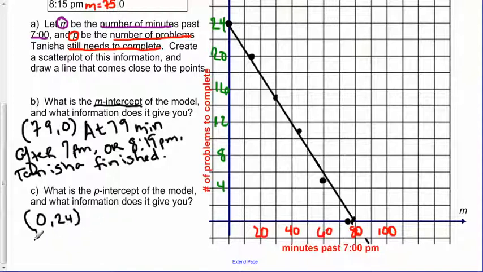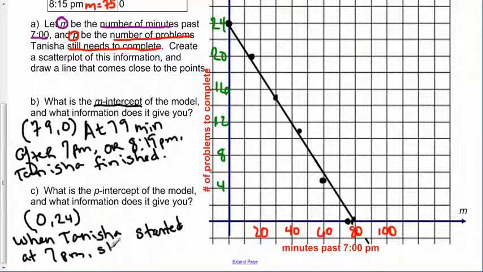What information does that give me? So that just tells me when Tanisha started at 7. So that's when she started, right at 7 o'clock. So when she started at 7 p.m., she had 24 problems to complete. So 24 problems to do.